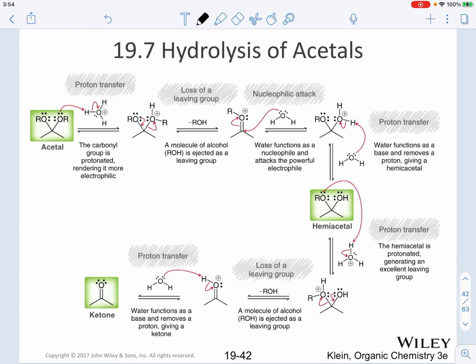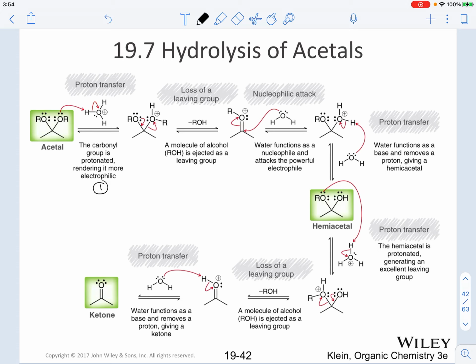Now, let's go over the mechanism of how the hydrolysis of the acetals actually occurs. So, starting from the acetal, again, we are going to be removing this group via acidic conditions. The first step of the reaction is that the carbonyl group is protonating, and that is going to specifically, as you can see, create a more electrophilic system.